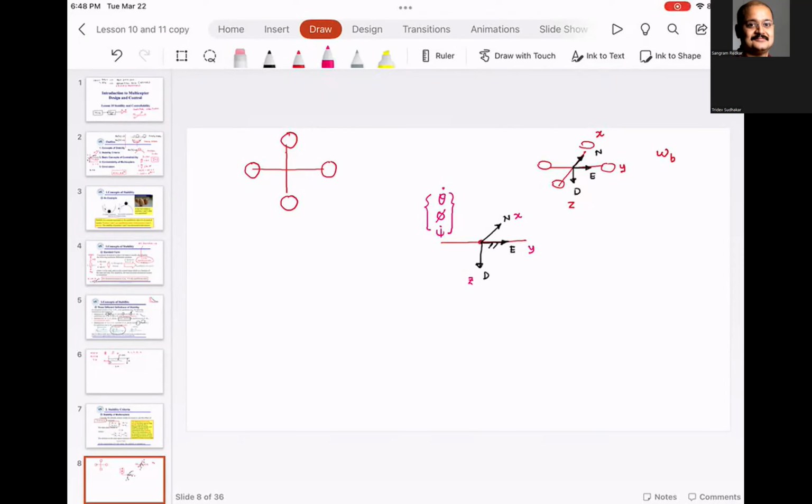Do you agree with me? So what is the rotation about X? Rotation about X is roll. So this is phi dot. This is about theta dot. And this is about psi dot.